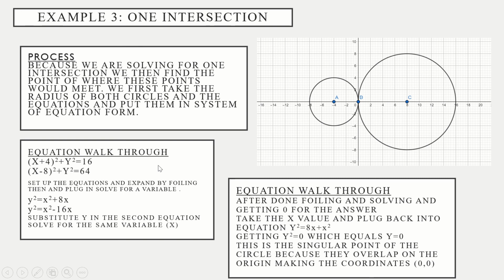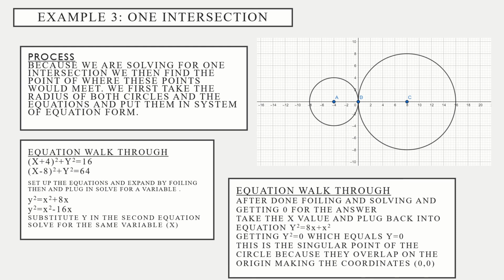So first you want to set up the equations and expand by FOILing. And then after you're done FOILing, try to make it into a y equation again. After these steps, you get y^2 = x^2 + 8x, and y^2 = x^2 - 16x.